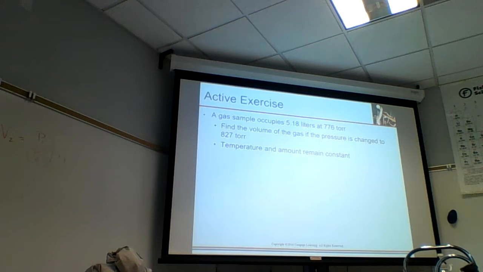It could be gallons, milliliters, liters. Likewise, you can use any pressure. You just have to be consistent. So if you pick gallons, you've got to stick with gallons. If you pick torr, you've got to stick with torr. And so we don't have to do any conversions. We'll just go straight off here because the pressures are consistent. They're in torr.